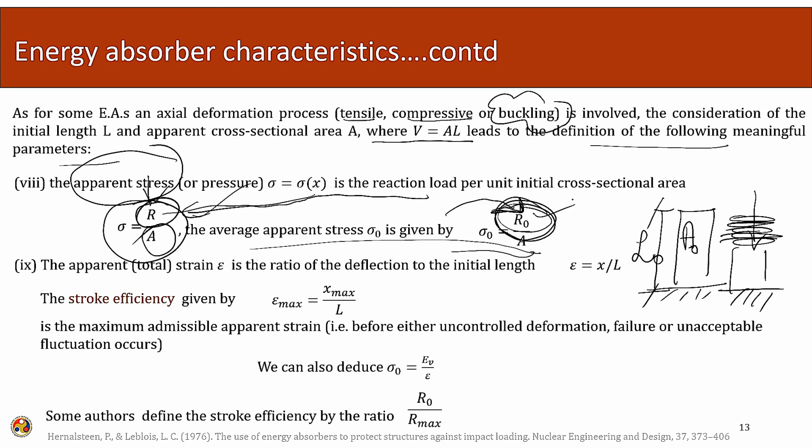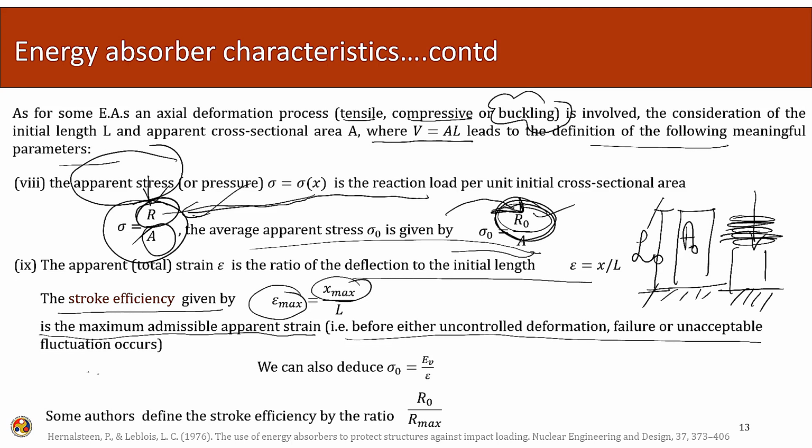The apparent total strain is the ratio of the deflection to the initial length. The stroke efficiency is given by epsilon max or x max divided by L. So, the maximum stroke divided by the total length. It is the maximum admissible apparent strain, that is, before uncontrolled deformation, failure or unacceptable fluctuation occurs.